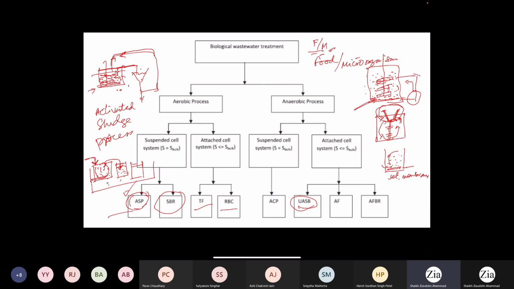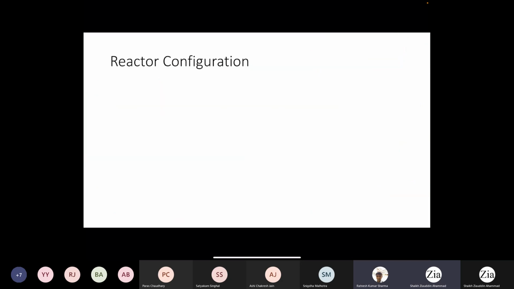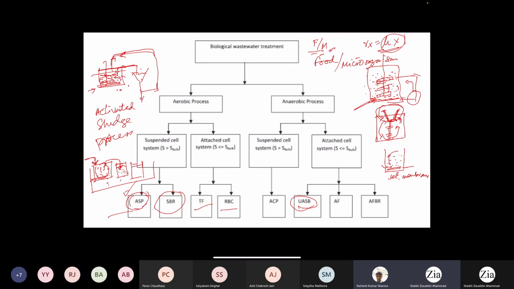And in the first class, I mentioned that in biological treatment processes, our intention is to get a higher reaction rate. So if you have an issue with mu, then that should be compensated by X. If your mu is very low, then you need to have higher X.